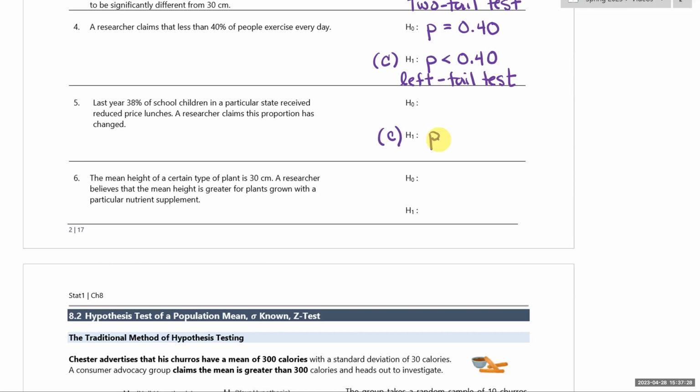They just think it's not what it was before. So this is our not equal to. So they don't think it's 38%, 0.38 anymore. And that's what makes this a two-tail test. So not equal to is two-tail, and then the null hypothesis, again, always an equal and the same number from the claim.